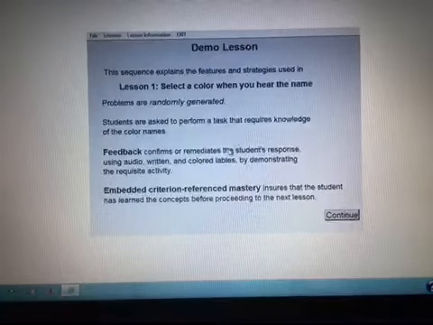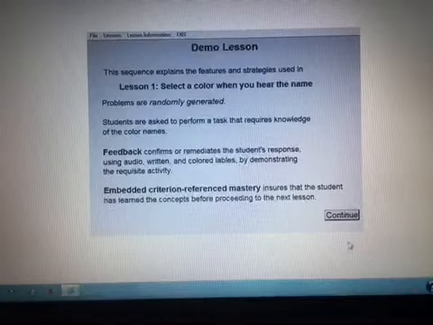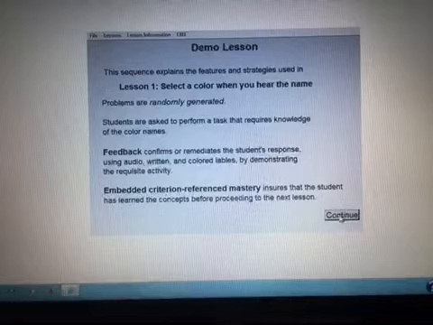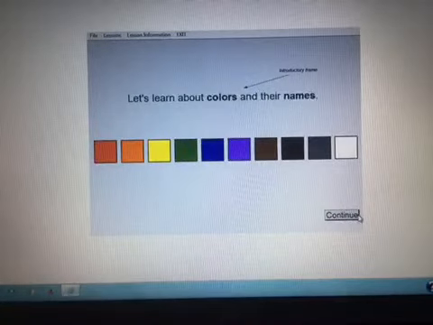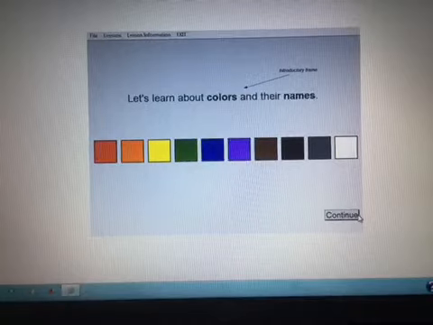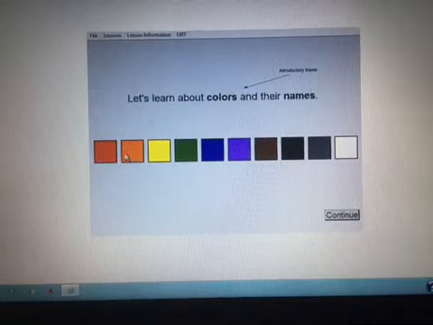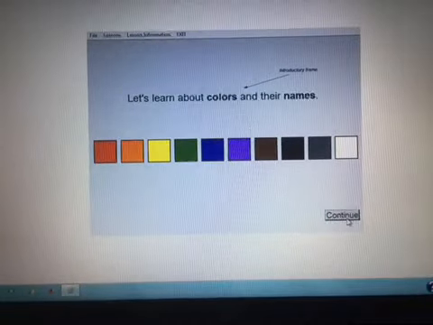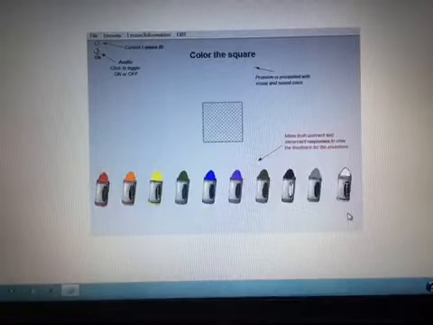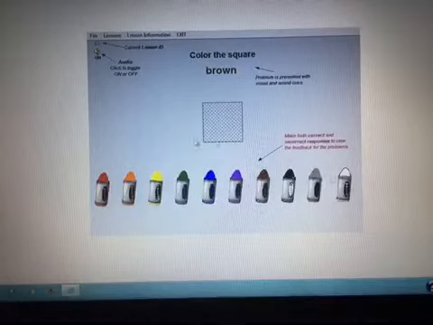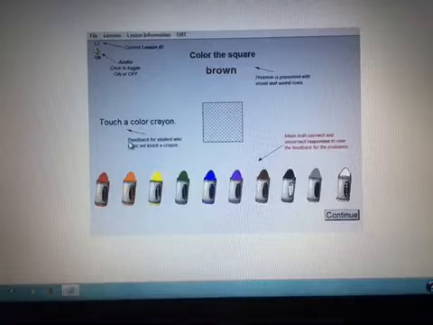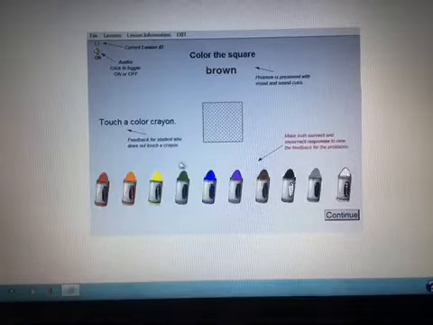That ensures that all colors have been learned. Let's look at the demo lesson. This will show the strategy for this course. Let's learn about colors and their names. And we see the colors. Color the square brown. We have our color crayons. Let's say the student touches something else.